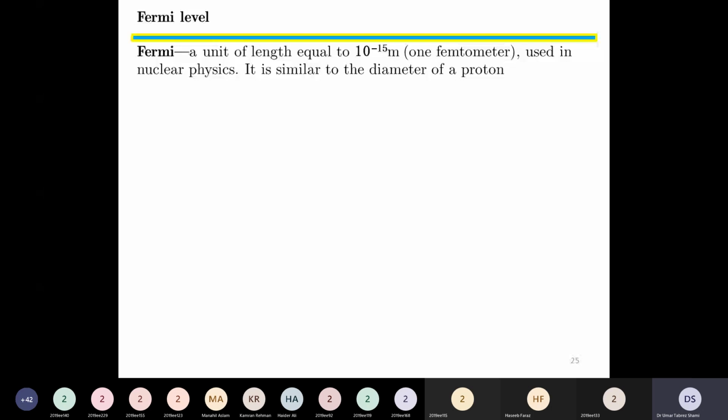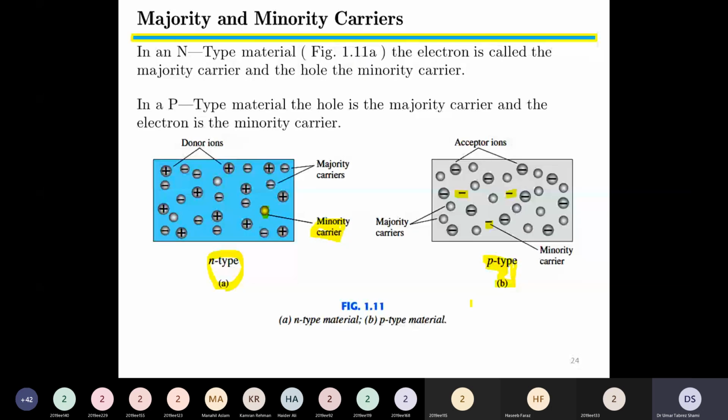We say a hole is a carrier because when one electron comes and sits in a hole, this hole will now move to the location where the electron came from. So electron is a carrier also. So a hole is a carrier also, because electron moves from one place to another place.